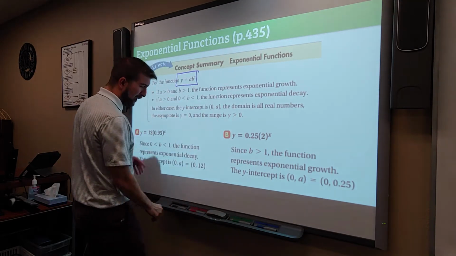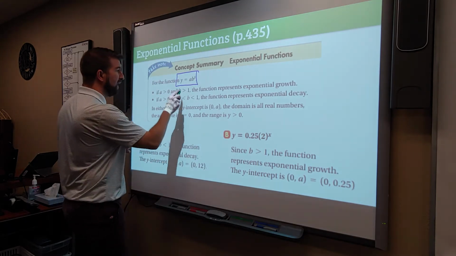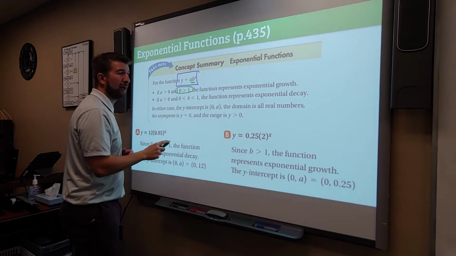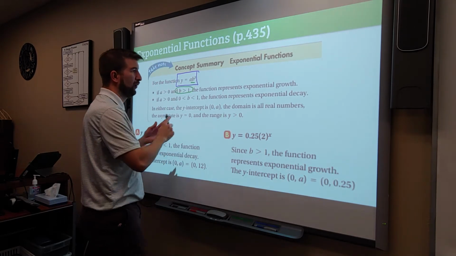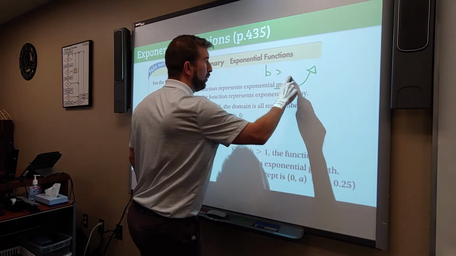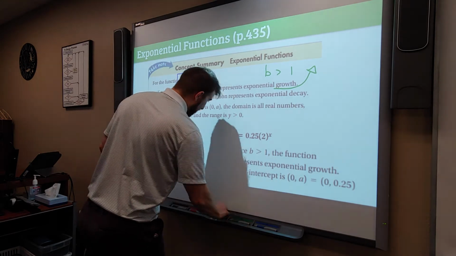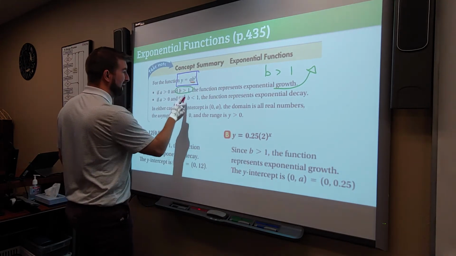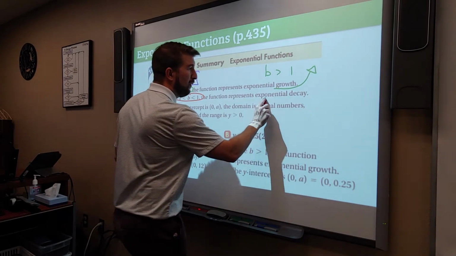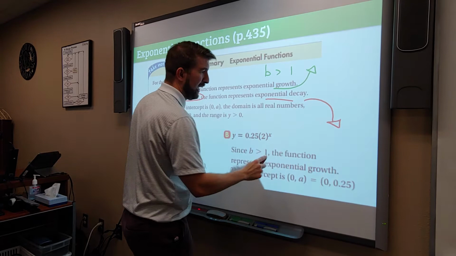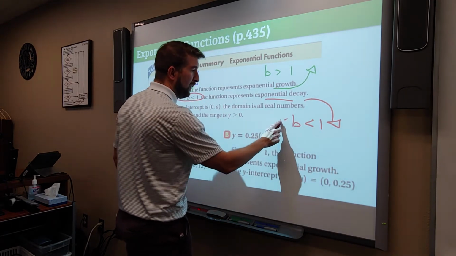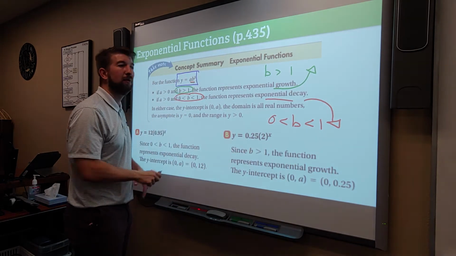So, when we look at this, if the b number is greater than 1, then that represents exponential growth. If b is greater than 1, it's growth. Now, if b is in between 0 and 1, that represents decay. So if b is less than 1, but greater than 0, it's decay.